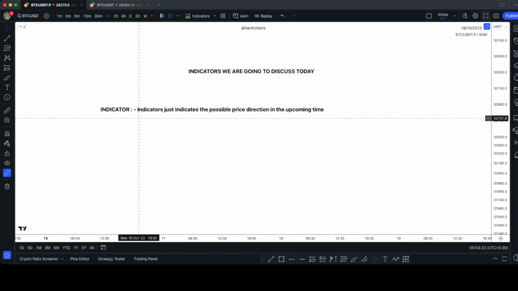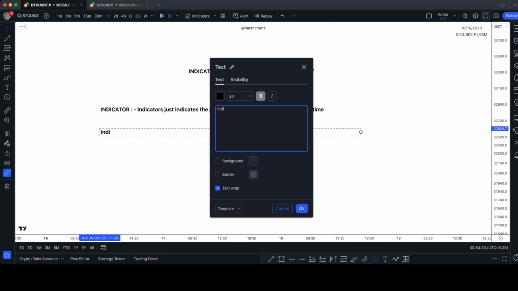Okay, that's what indicators do, and the indicators' main aim is to provide you extra confluence. So I'll also write it down. Indicators' main aim is confluence.